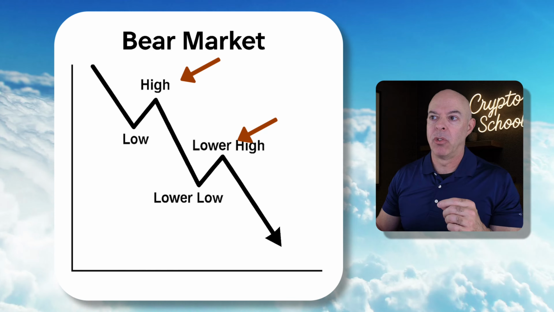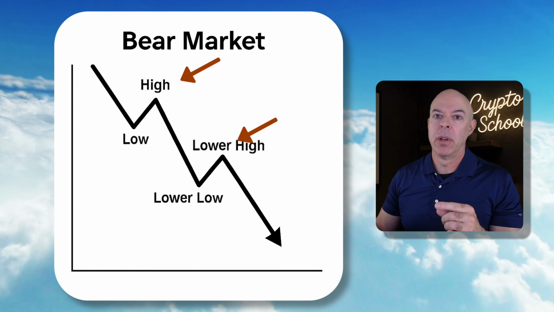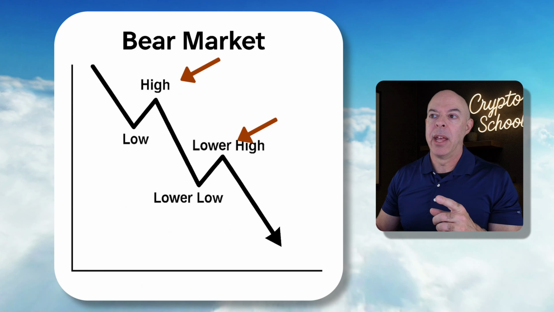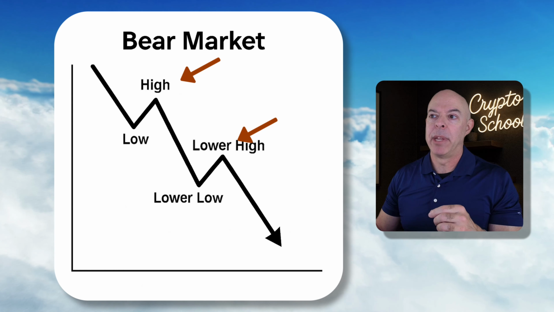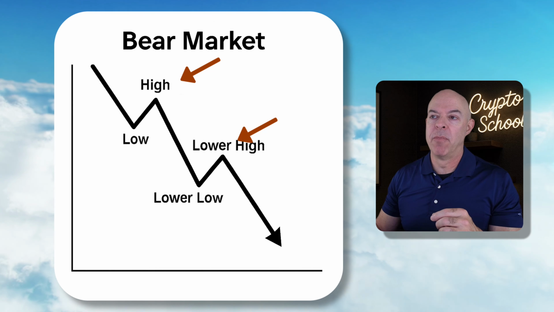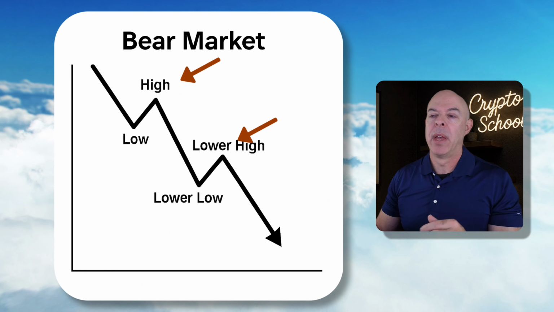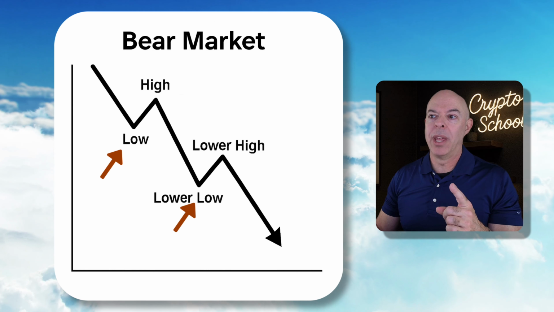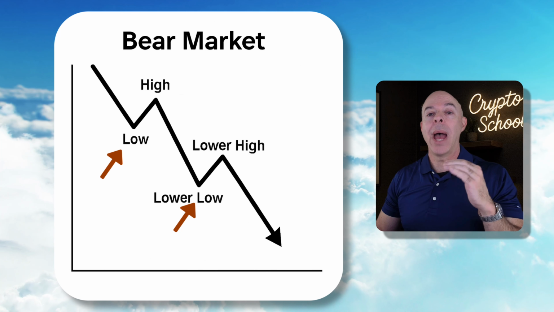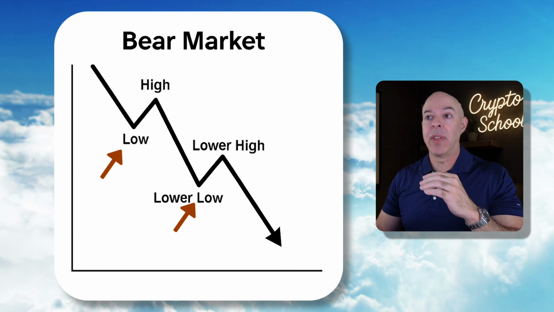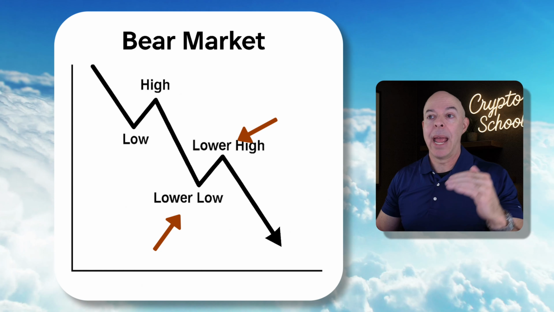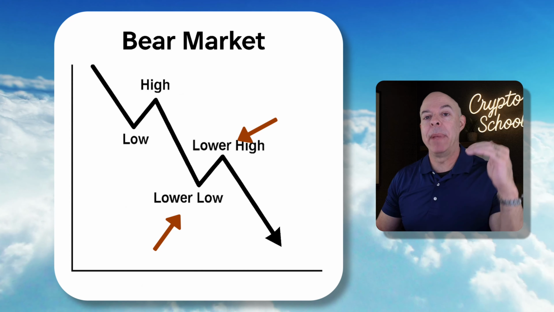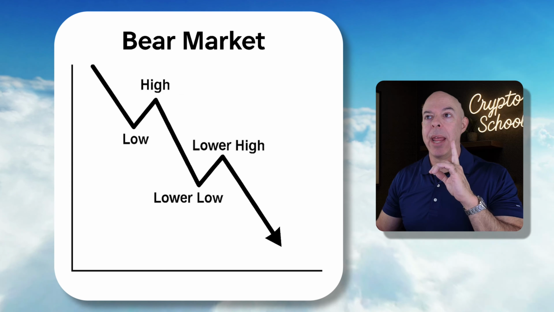So you have what you would call a lower high, because this high of the movement is lower than this one. And then the lows. Here's a low. The next low is lower than this one. So you have lower highs and lower lows. That means you're in a downtrend or a bear market.